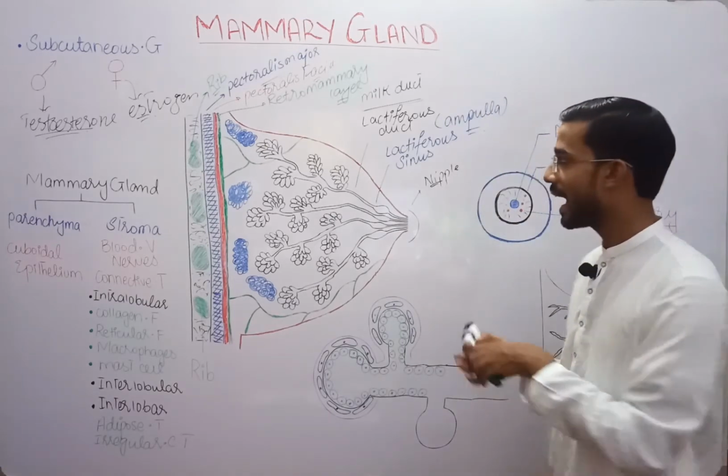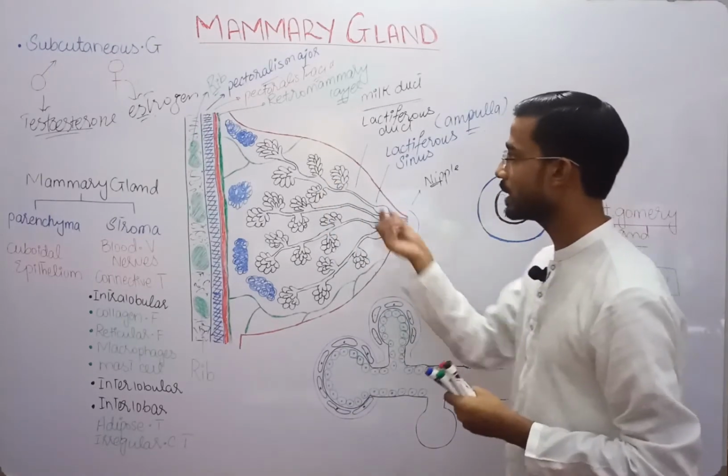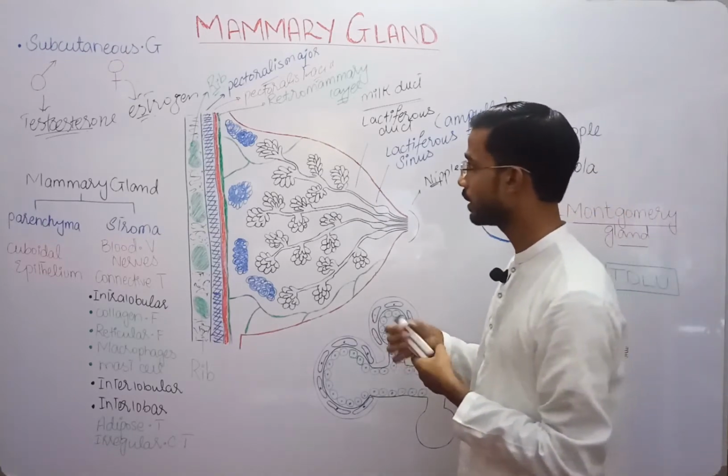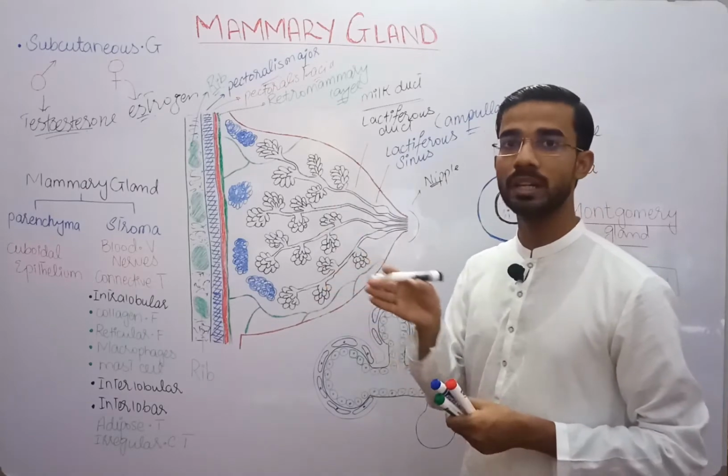Right? And when it moves forward, there are lobe-like structures. Here you can see there are several lobes present at the end of the duct.